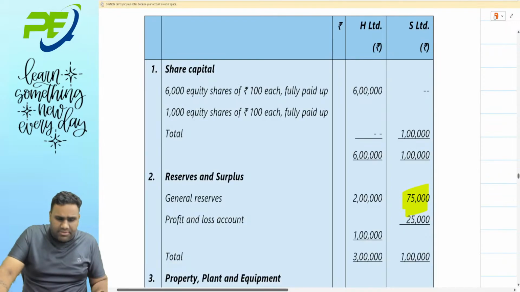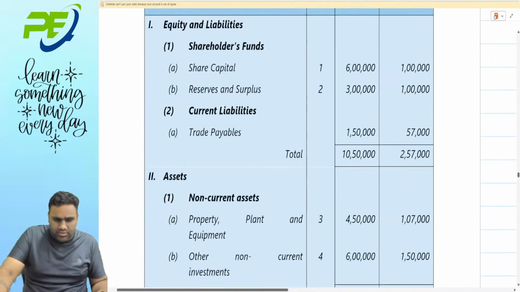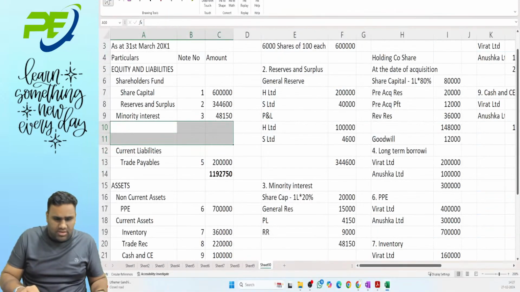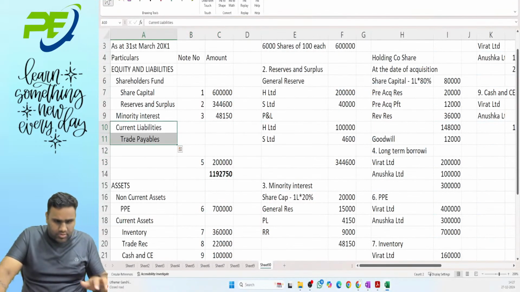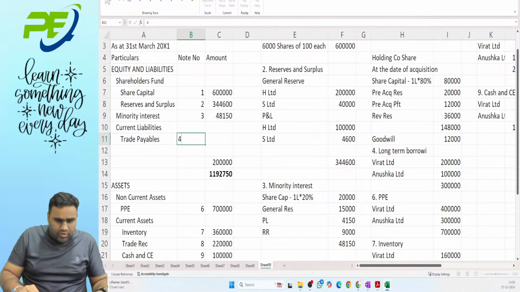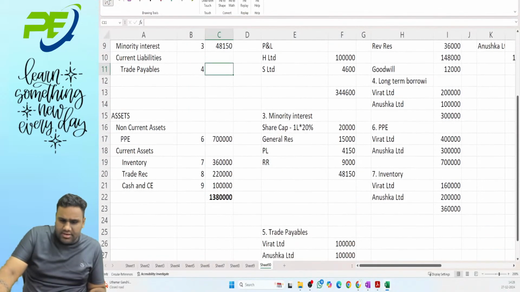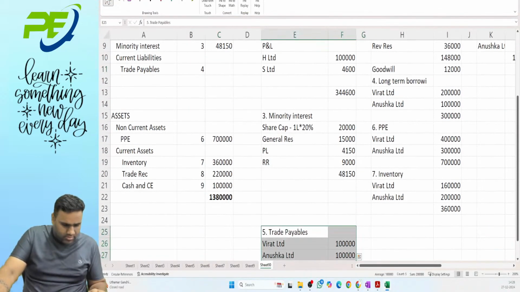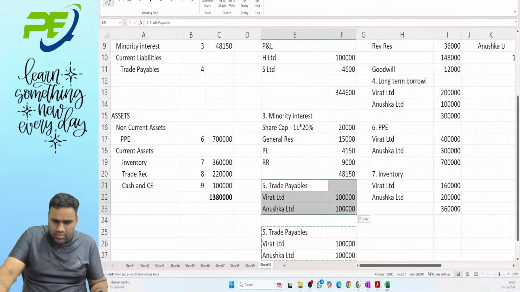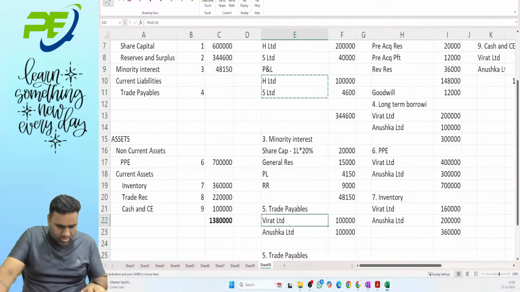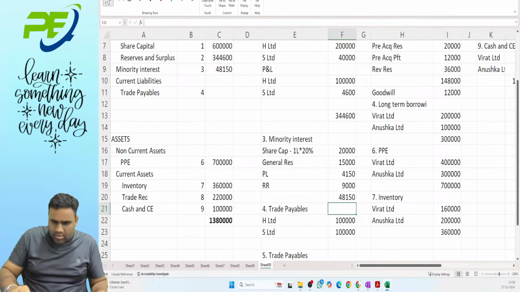Now, non-current liability, long-term borrowing. Do we have a note? No. A long-term liability itself is not there. Then current liability, trade payables. So note number 4, 1,50,000 and 57,000.